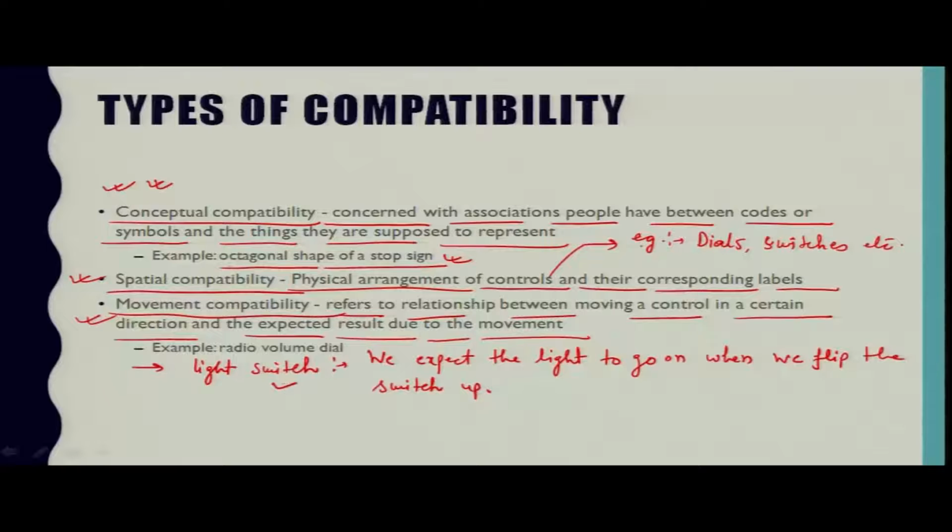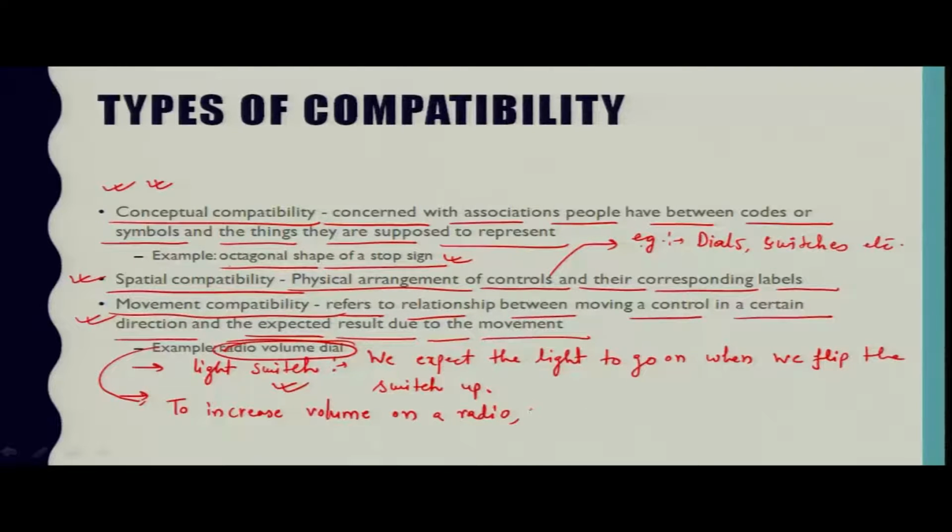So this is an example of movement compatibility. In another example, when we rotate a control dial clockwise, we expect the variable that is controlled by it to increase. As an example, take a radio volume dial, used to increase the volume of sound on a radio.